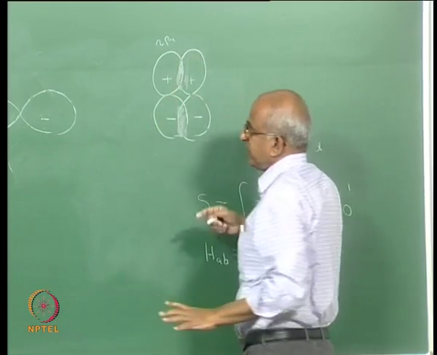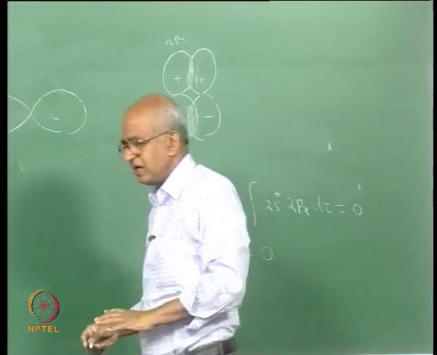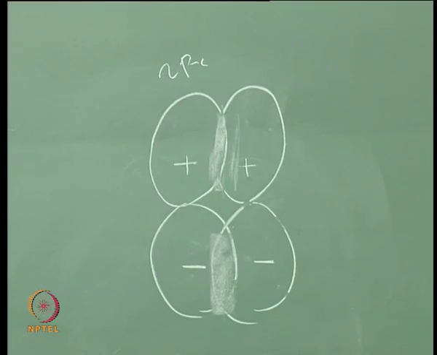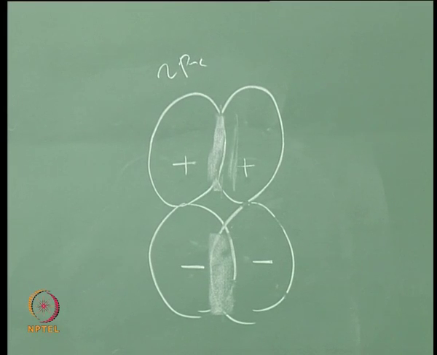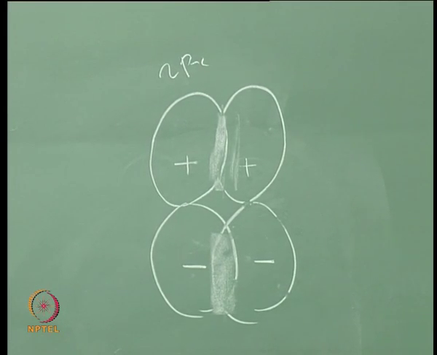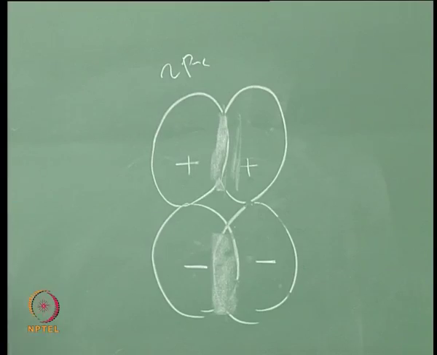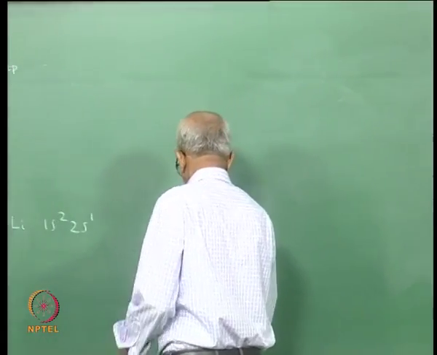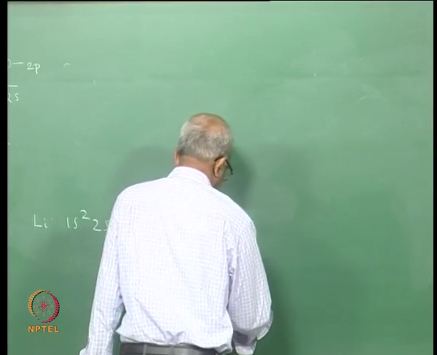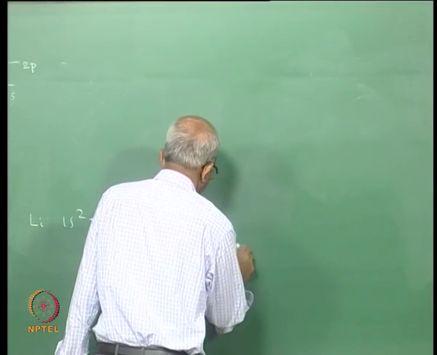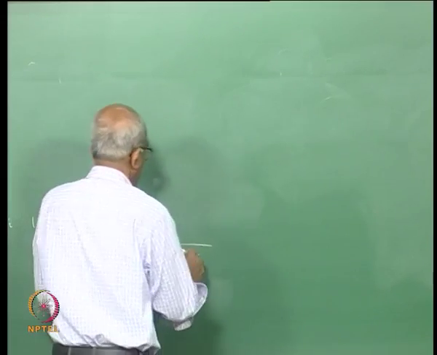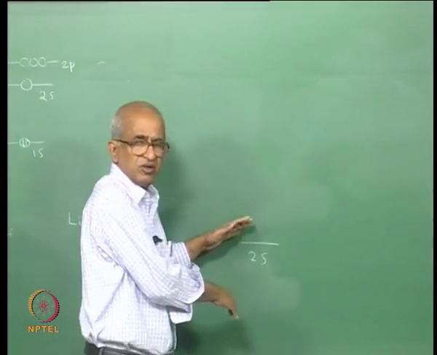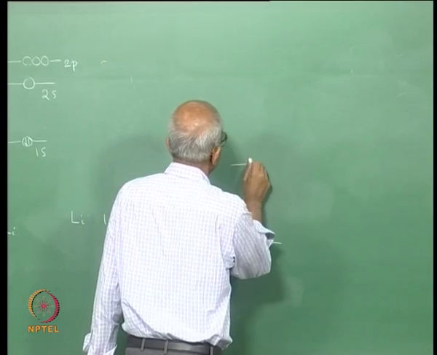So, with this information, let me think of a general diatomic molecule. Okay, let us think of a general diatomic molecule and ask what are the results. So, you have 2s here. In a general diatomic molecule, 2p will not be very close to 2s, maybe it is somewhere here.